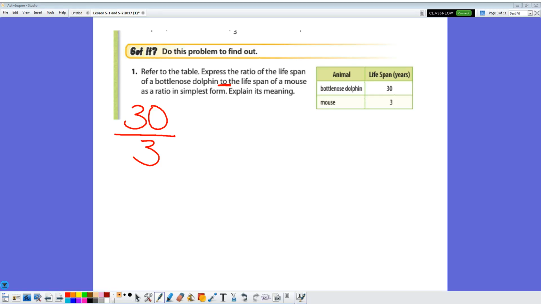Okay, so now I need to find the greatest common factor. The greatest common factor would be 3. So when I simplify my fraction, it's 10 over 1. And then it said explain its meaning. Well, what this means is that the dolphin lives 10 times longer than the lifespan of a mouse.